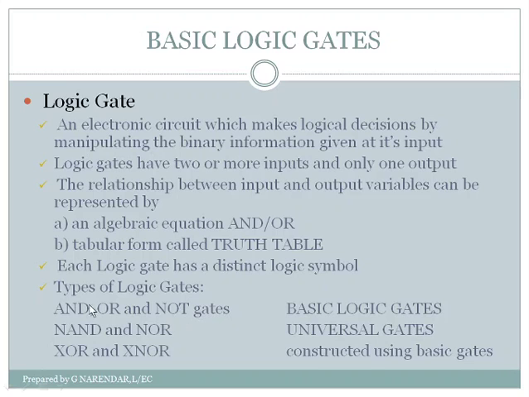These three gates, which perform the basic operations defined on the elements of Boolean algebra, are called basic logic gates.